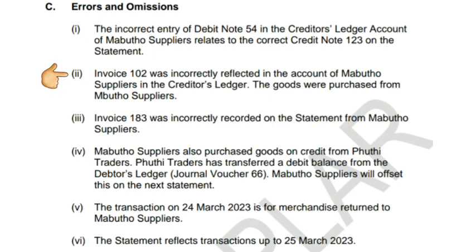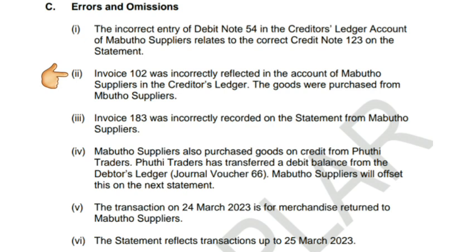Then we have the second error or omission in Roman figure 2. It says invoice 102 was incorrectly reflected in the account of Mabuto in the creditors ledger. The goods were purchased from Mbuto Suppliers.